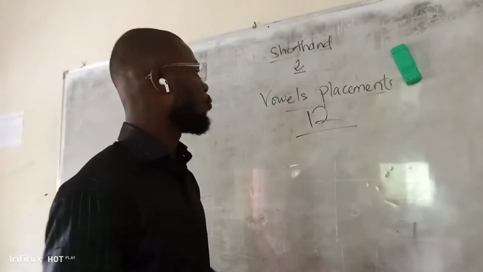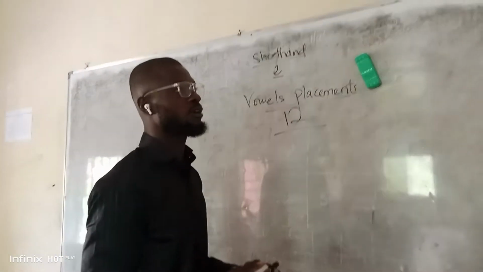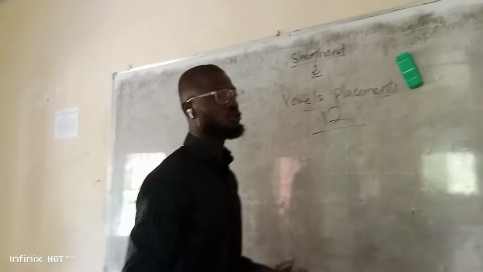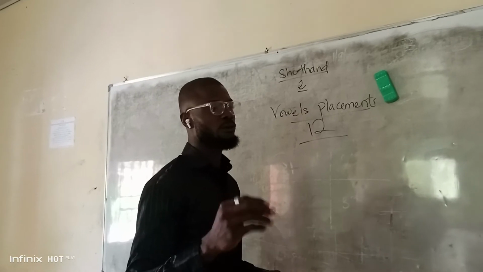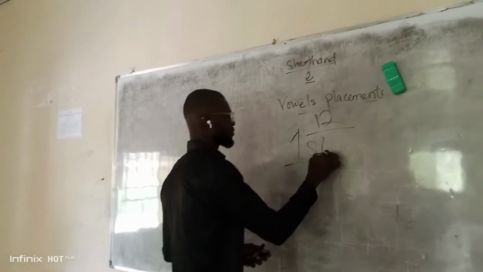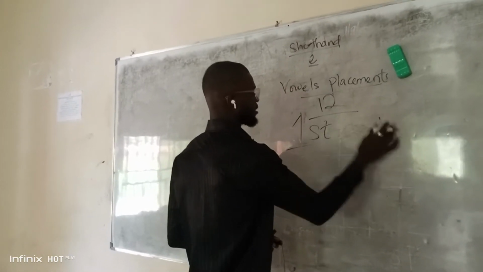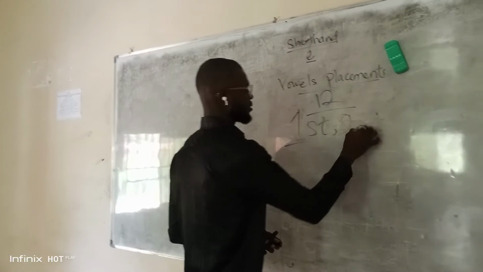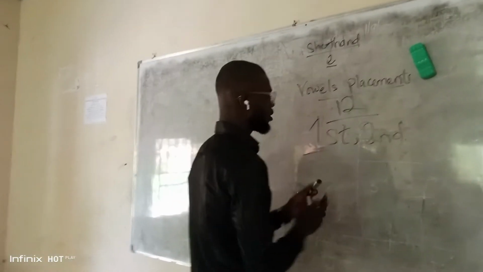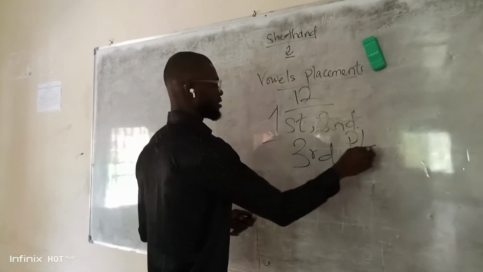Now we are going to start from the placement of vowels. Placement of vowels has three categories. We have the first place, the second place, and what? We also have the third placement.